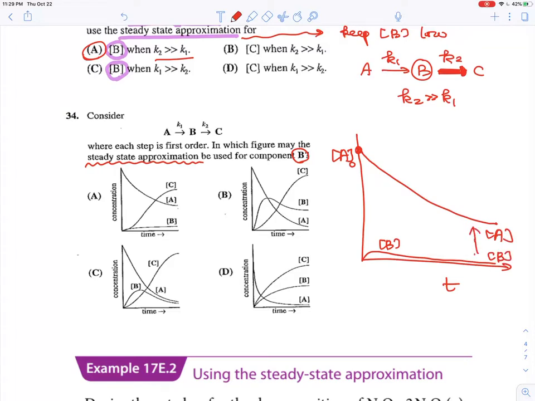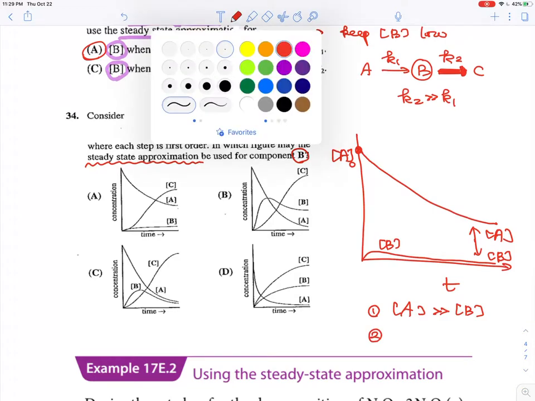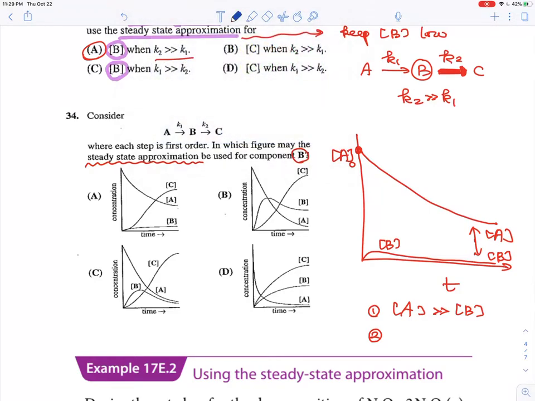If you look at the differences, the reactant concentration A is bigger than your intermediate. That's the first constraint. The second one is essentially the last one. Maybe I can use different colors. You start from 0 and then it goes up, and that will be your product concentration.